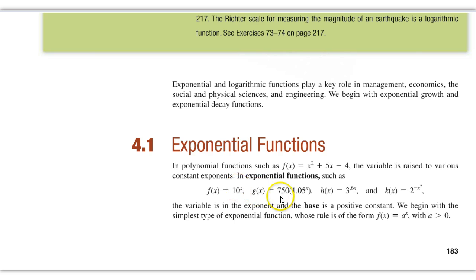So these are examples of exponential functions, where the base, as we see here, is 10, a positive constant. And we'll look at some of these as we go on.